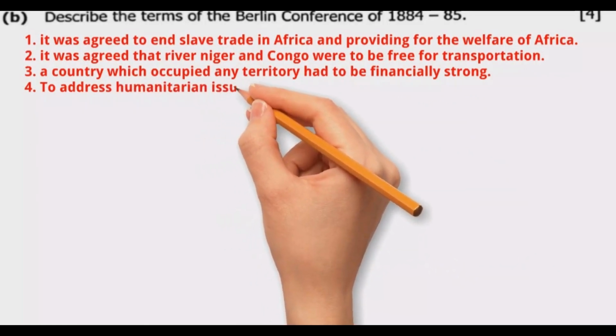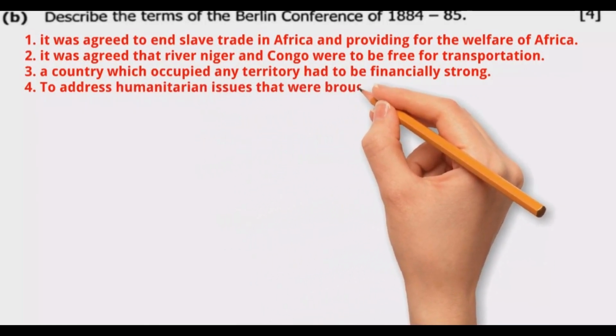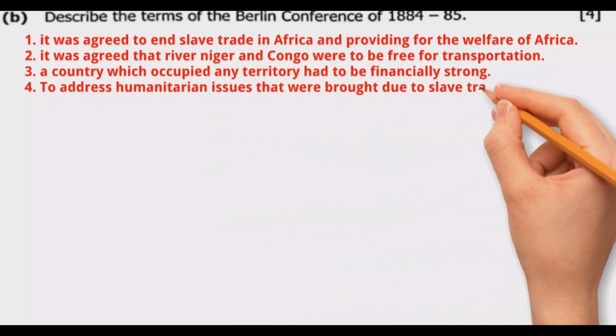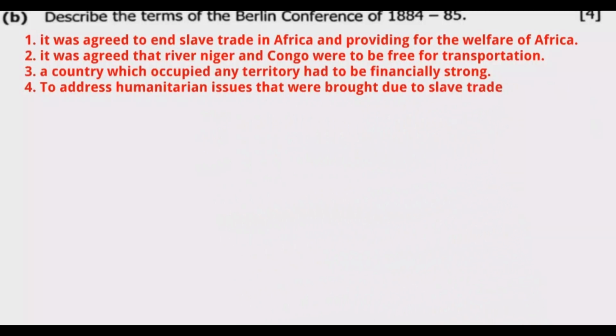To address humanitarian issues that were brought due to slave trade. Okay, so these were the terms that were agreed during the Berlin Conference in 1884 and 1885. Now let's go and construct the short essay using these points.